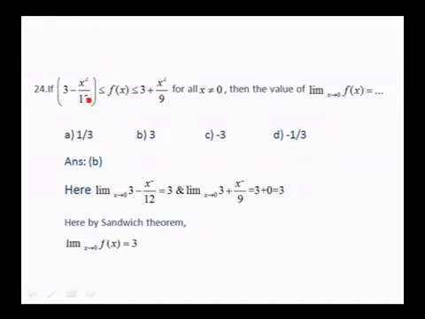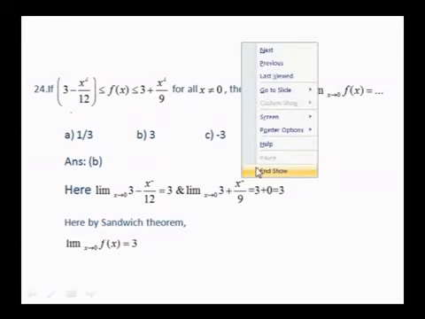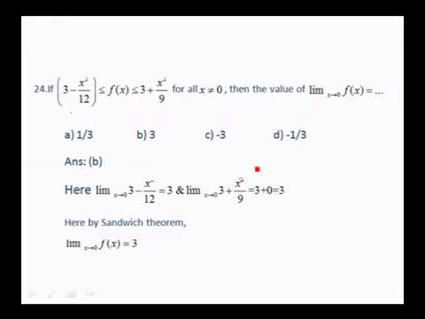See, you have got a special problem here: 3 - x²/12 less than or equal to f(x) less than or equal to 3 + x²/9 for all x not equal to 0. Then the value of limit of f(x) as x tends to 0 is equal to. Now if you consider the limit of 3 - x²/12 as x tends to 0, it is 3. If you consider the limit of 3 + x²/9 as x tends to 0, that is also 3 + 0, 3.